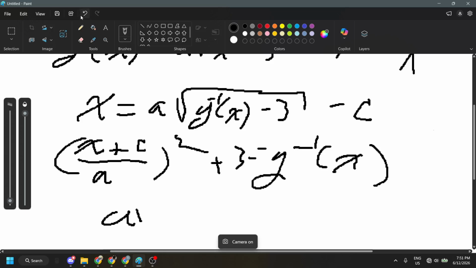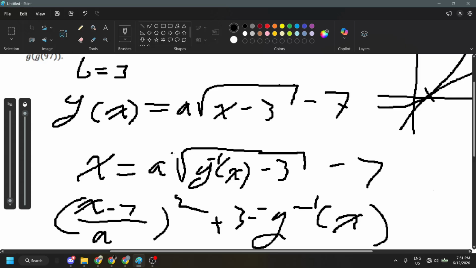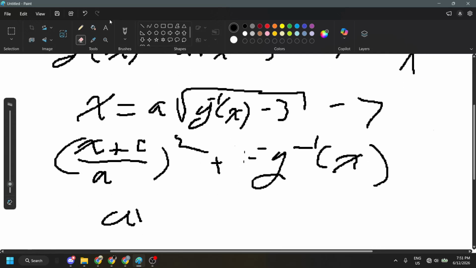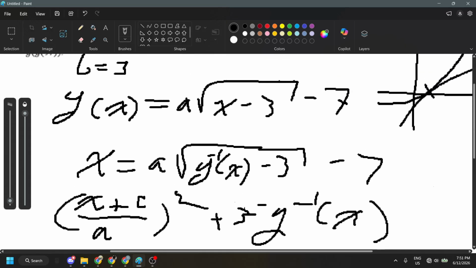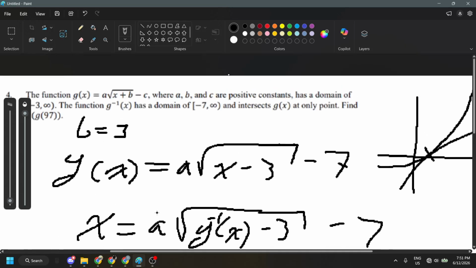It's still a, but this is −7. Wrong one. Wait, what? It's going to be x plus 7, actually, yeah. Okay, c is equal to 7.